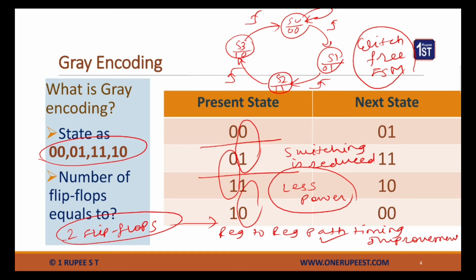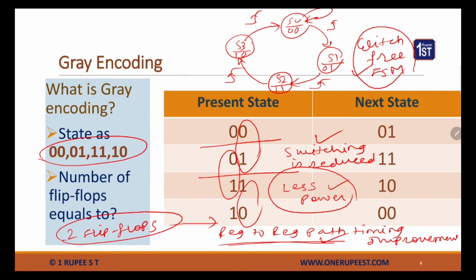This is very important. Effectively, if I consider any complex FSM controller or sequence detector, the advantage of gray encoding over binary encoding is that it reduces the switching. That means I will get less switching power, less dynamic power. I will get a glitch free FSM. Even it will improve the register to register path as far as my design is concerned.